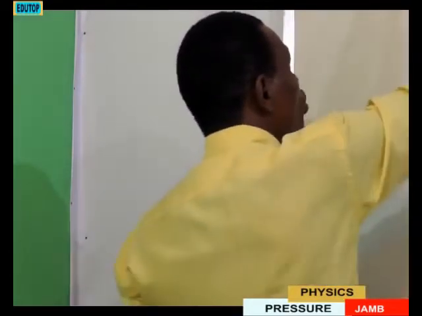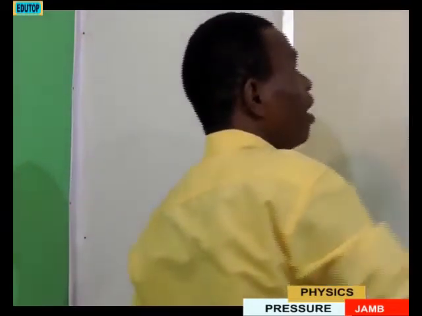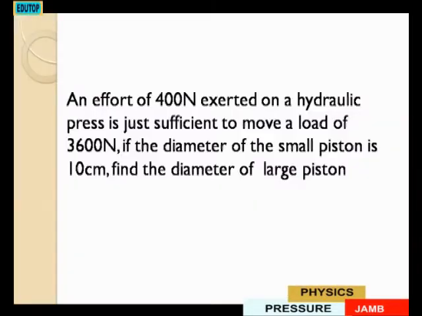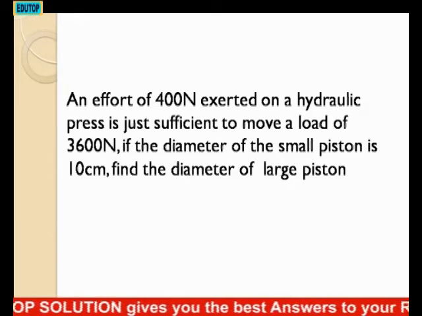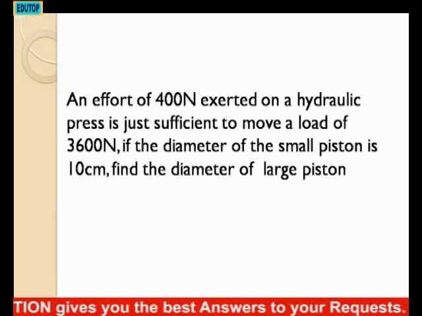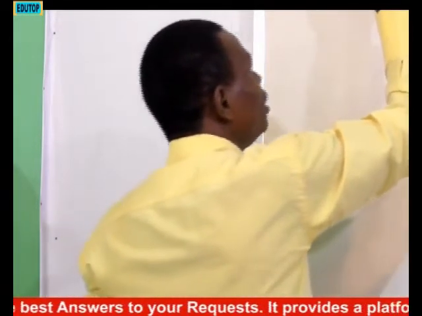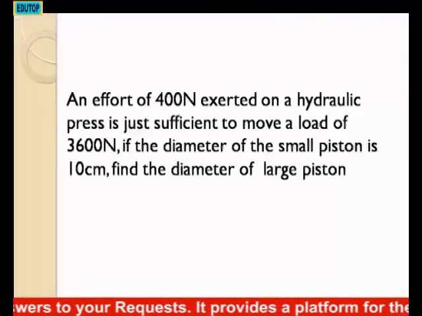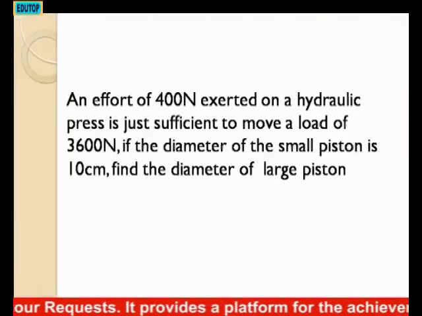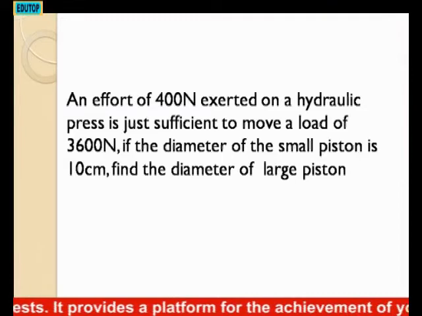We are coming from here. I'm using weights this time around because we are told that the effort of 400 is exerted on the hydraulic press, and it moves a load of 3,600 at the other side of the larger piston. Okay? And when we are talking about the load, automatically it is the weight divided by the effort applied.